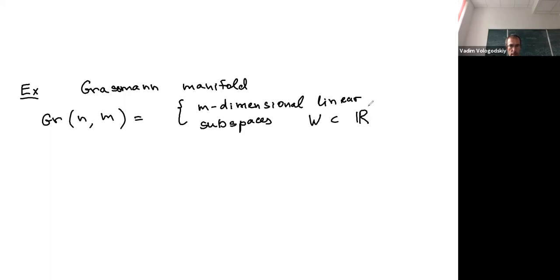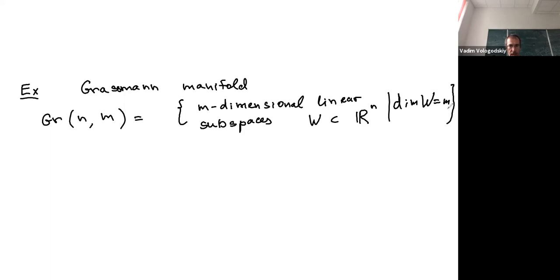As a set, the Grassmann manifold consists of m-dimensional linear subspaces W inside Rn, where the dimension of W is equal to m.